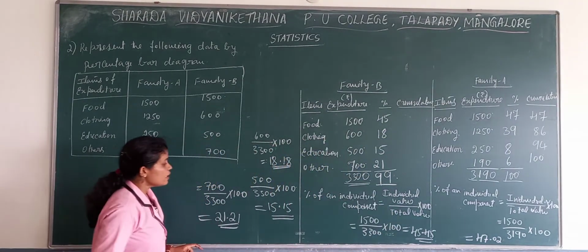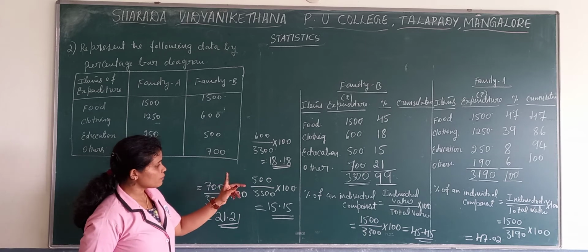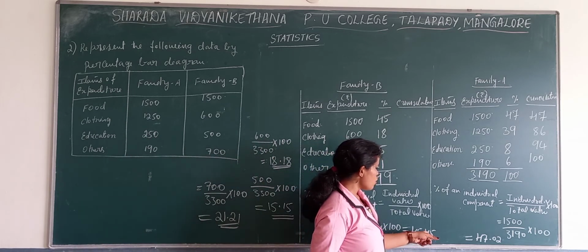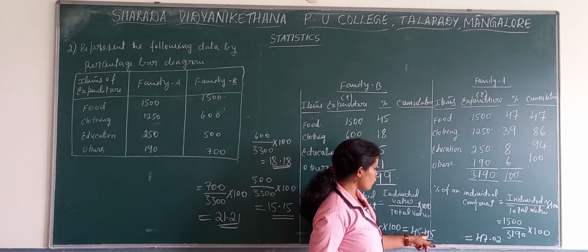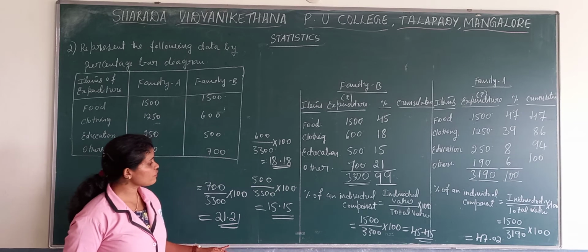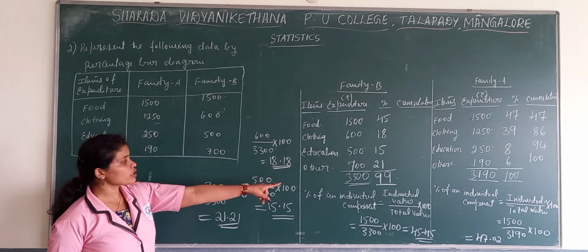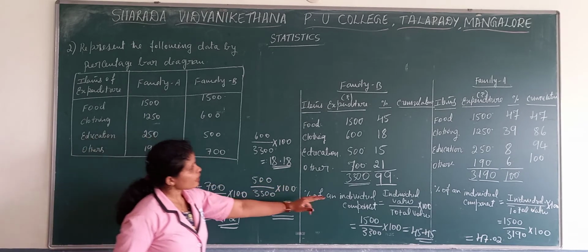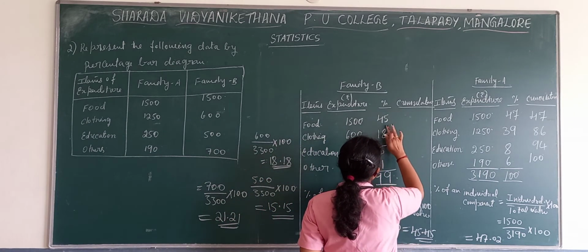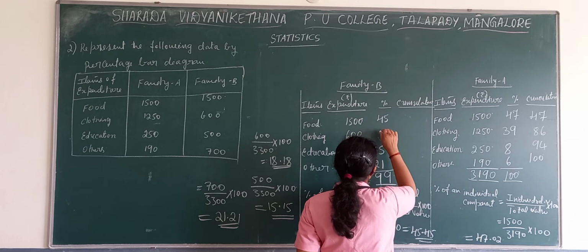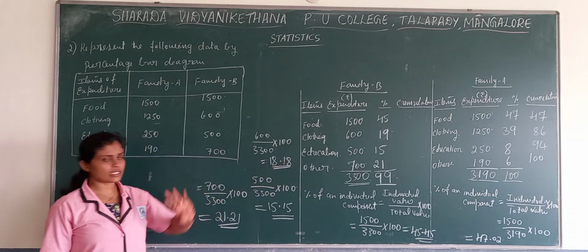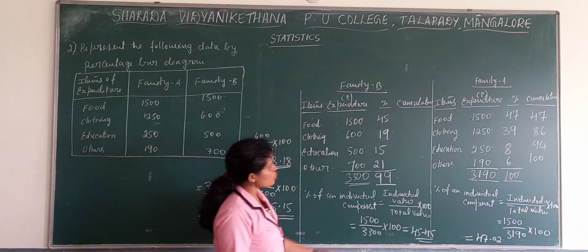Now see here, it is not possible to increase this one, 45, here 4 is there, so it should be 5 or more than 5, then only we can increase. Anyhow, here 18 is there. We will increase this one as 19. Any other value also you can increase.